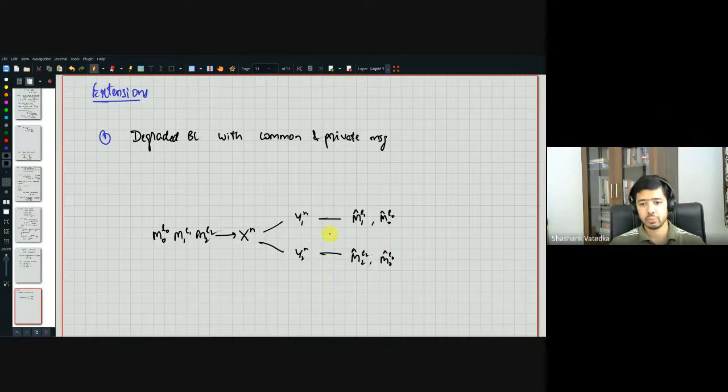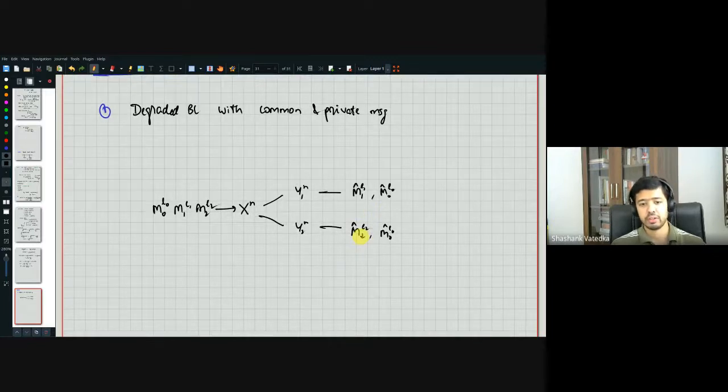You don't really care whether user 1 can decode M2 or not, and you don't really care whether user 2 can decode M1 or not. It doesn't matter, at least for this particular problem. The rate of M0 is R0, of M1 is R1, and of M2 is R2. So in this case, what is the best R0, R1, R2 that you can achieve? What is the capacity region of this degraded broadcast channel?